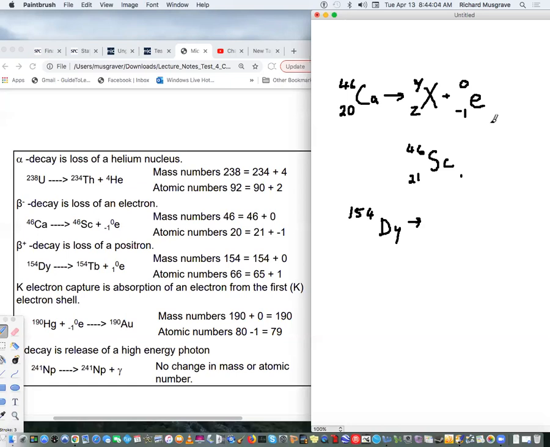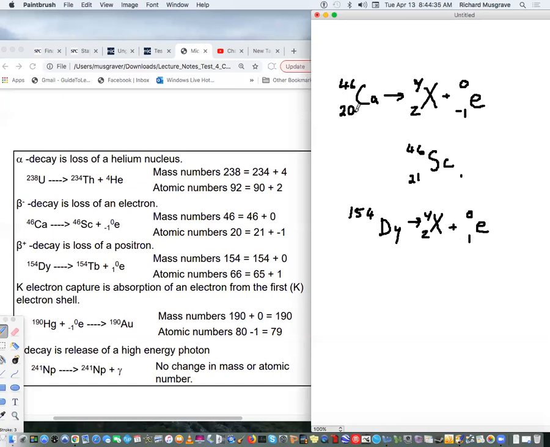So positrons. What are we doing with positrons? We've got dysprosium, and we're trying to figure out this mystery element here. A positron has the same symbol as an electron. The mass is 0, but the charge is exactly opposite, positive 1. So this is an antiparticle.